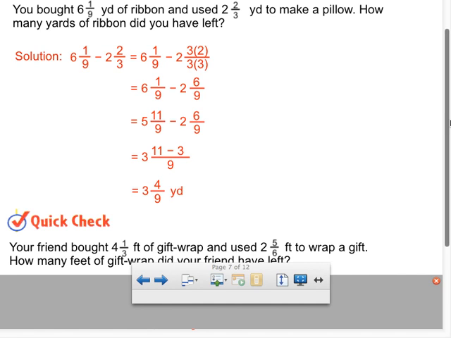So I had to do some regrouping. I took 1 from the whole, and can I rewrite 1 as a fraction? Yes, 1 equals 9/9, and then 9/9 plus this gives me 11/9. Do you understand what I did?